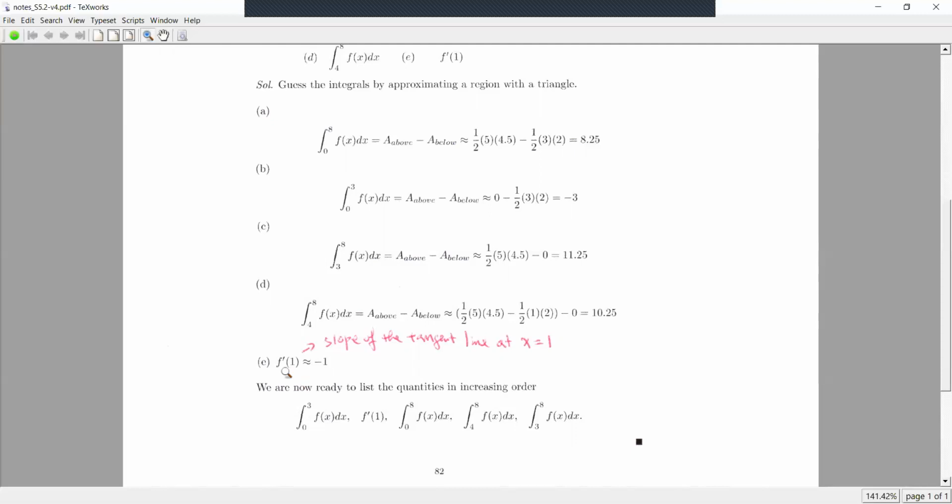The second smallest quantity is the derivative at 1. The third smallest quantity is the integral from 0 to 8, roughly 8.25. Now, the last one is the integral from 4 to 8. The largest quantity is the integral from 3 to 8, which is roughly 11.25.